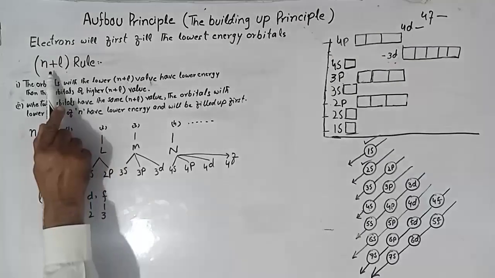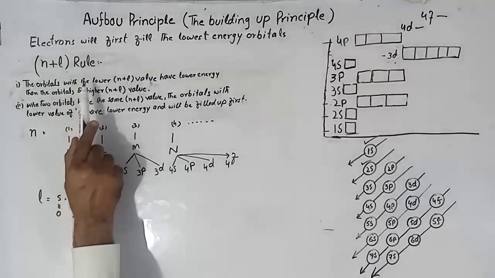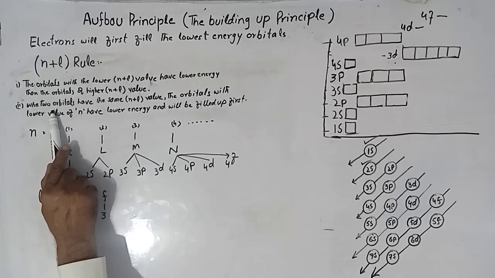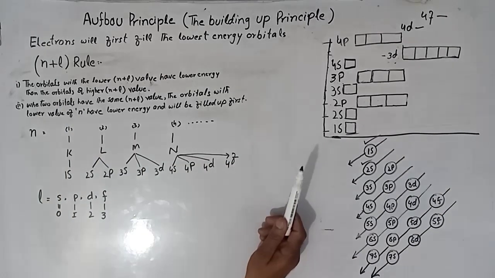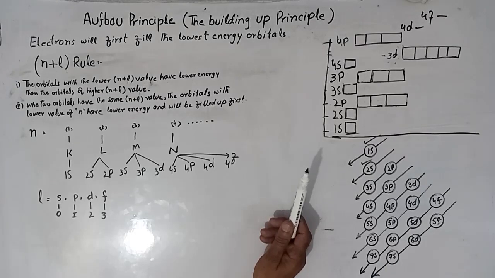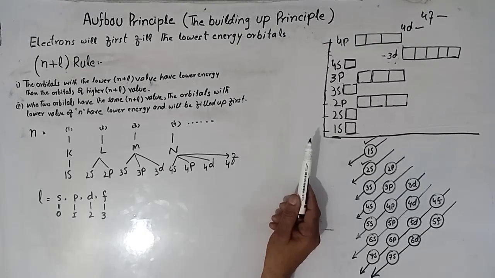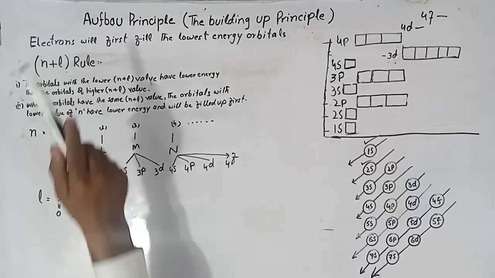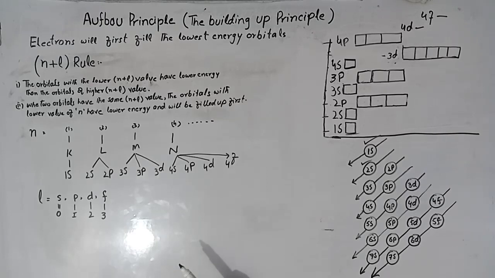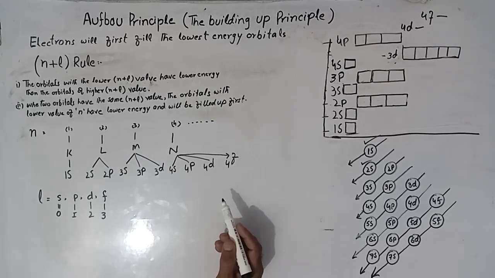Using this formula, we will be able to explain these two parts on the basis of increasing energy, because the order of increasing energy is based on the n plus l rule.